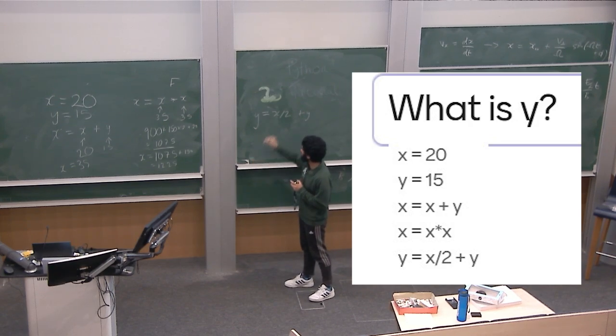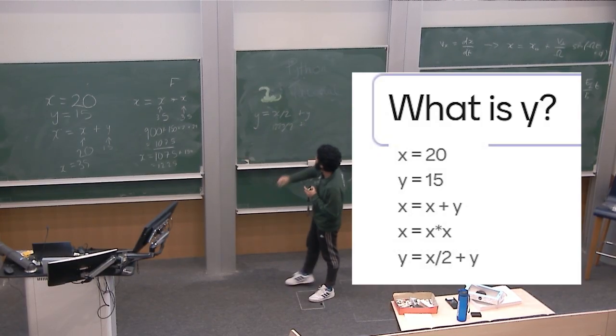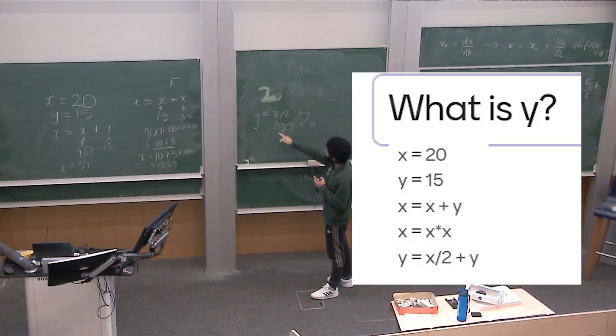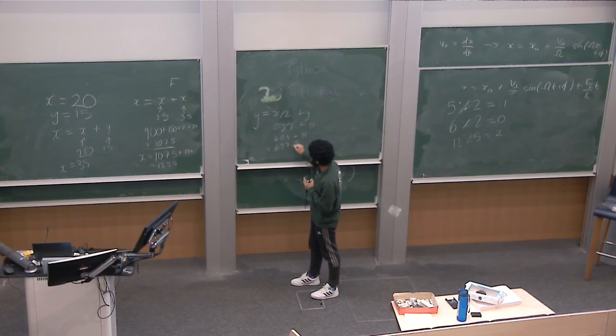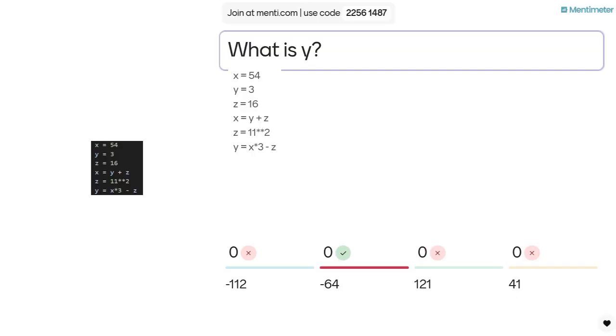So that's going to be 1,225 divided by 2, and then plus what y was, and y was 15. Okay, so then 1,225 divided by 2. This is 612.5 plus 15. That's 627.5, which is the answer. Okay, let's carry on.